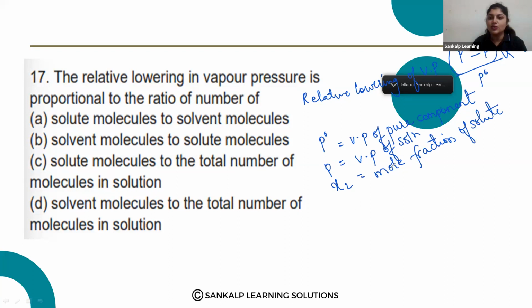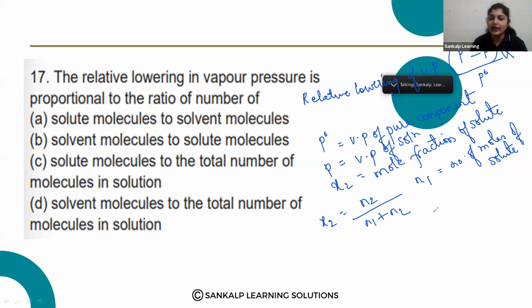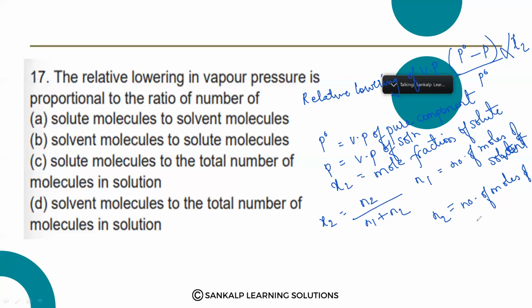Then how is X2 given? X2 is N2 divided by N1 plus N2, right? N1 is the number of moles of solvent, and N2 is the number of moles of solute.